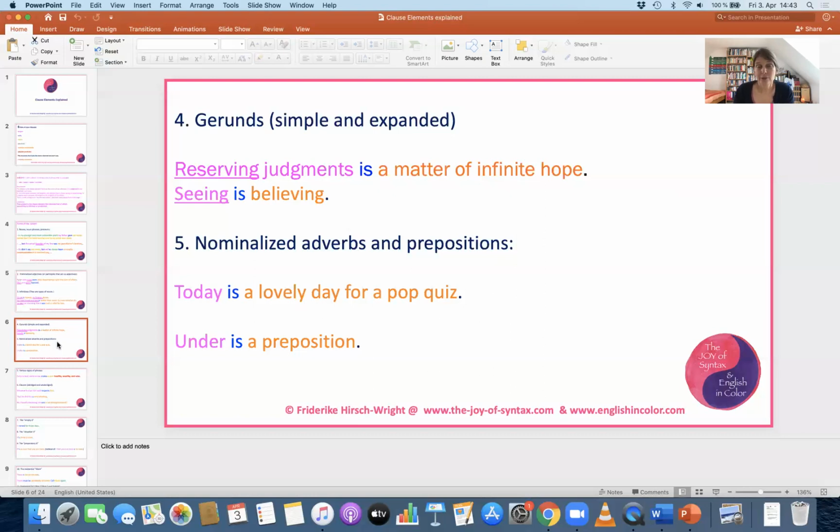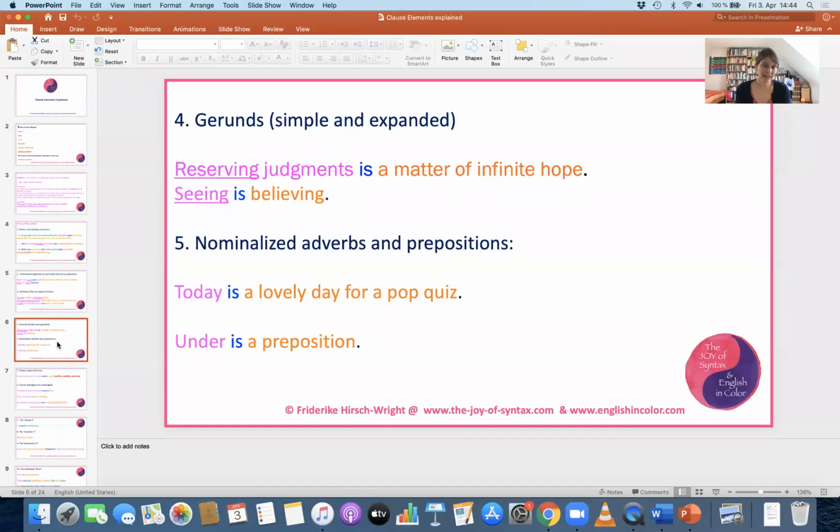Okay, adverbs and prepositions can also be nominalized, turned into nouns, just like adjectives can. And here are two examples. The adverb today can be turned into a noun, and if you translate that into German, you can actually turn that into a noun phrase. You have two translation options here, and one of them makes it clear that today is a noun here.